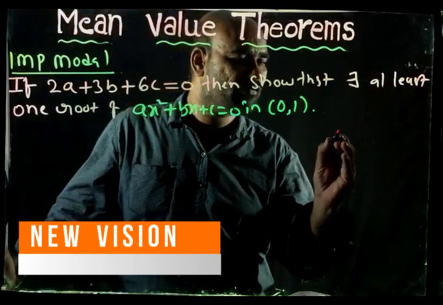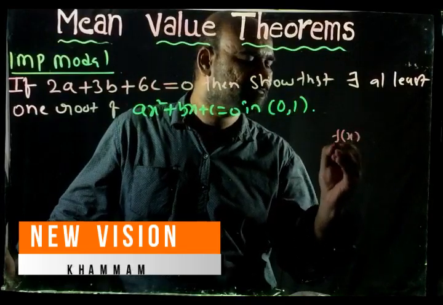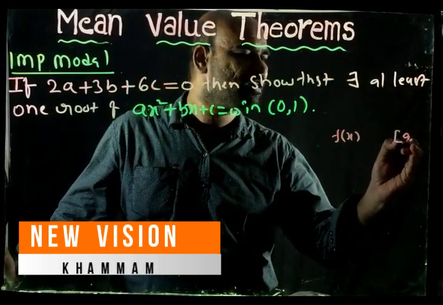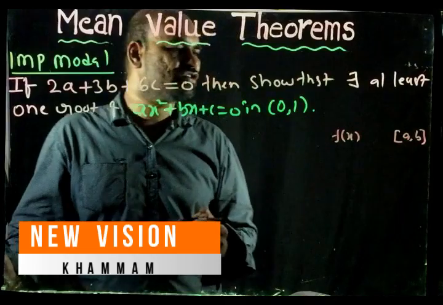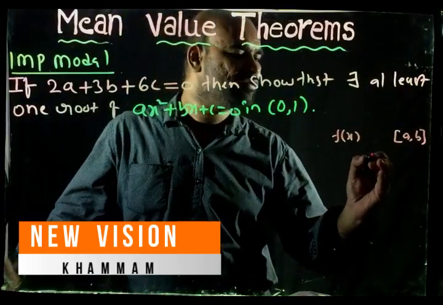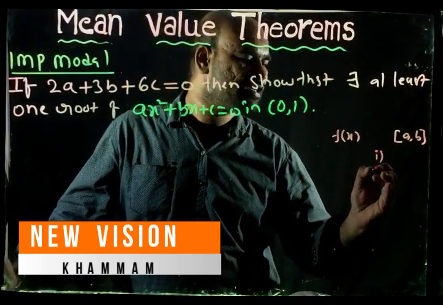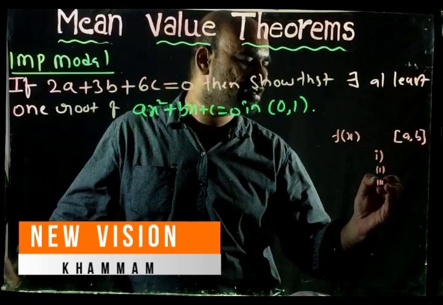For example, f of x is a function. We want to check RMVT in the closed interval a comma b. What we will do? We will check the first condition, second condition, third condition.